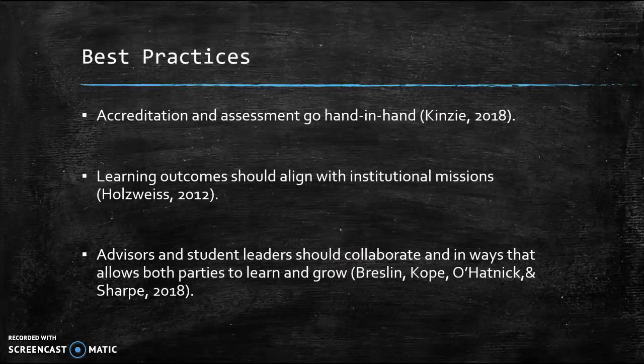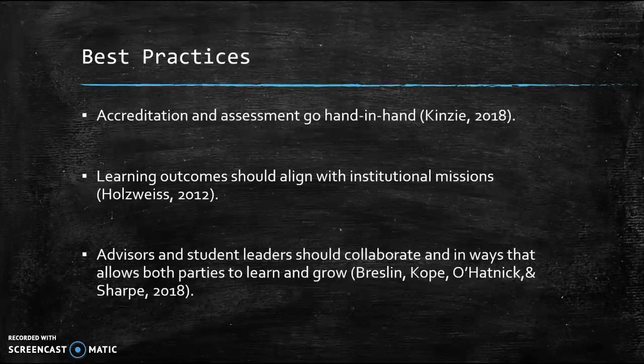So some of the additional research that I did in regards to this particular area, Kinsey 2018 talks a lot about how accreditation specifically is usually looking at what happens within the classroom, but accreditation and assessment should really go hand in hand.